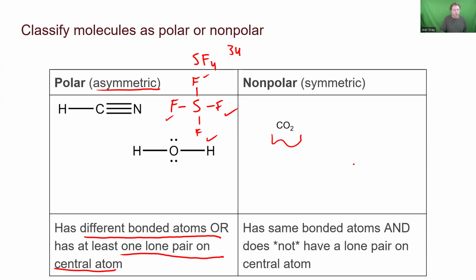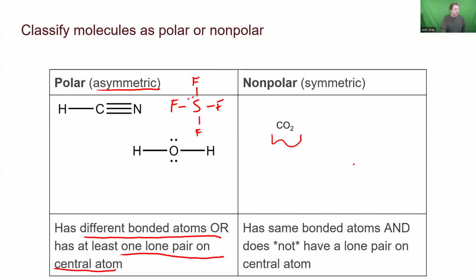So if I draw all the electrons surrounding my fluorines, I get to 32 electrons, and then I would be left with a lone pair of electrons out there.